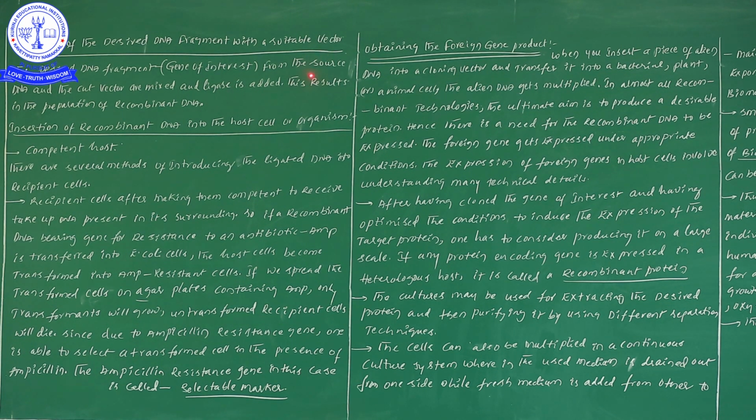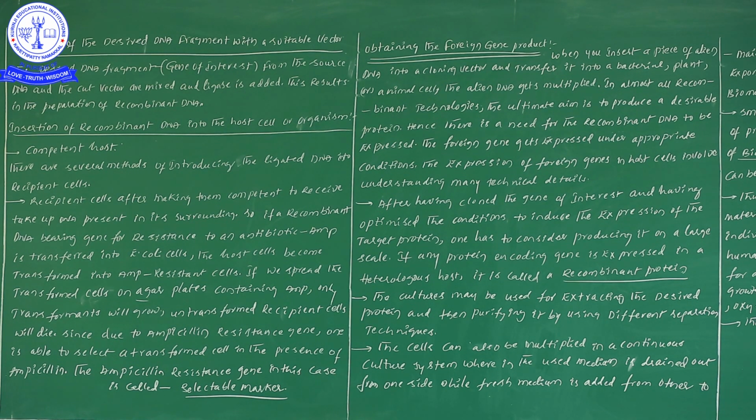Here, from the source DNA we get the desirable DNA fragment, and we also get the vector. Using the same restriction enzyme we cut, and now both are mixed together. How are these two mixed together? With the help of the DNA ligase enzyme. So definitely, recombinant DNA formation takes place.